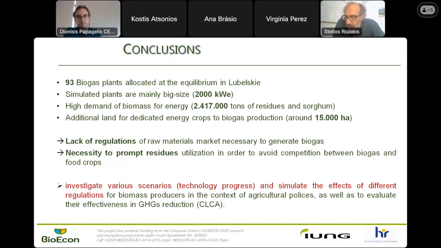So we can use the model in, say, a multi-objective manner, or to control different impacts that are of interest for policy making.